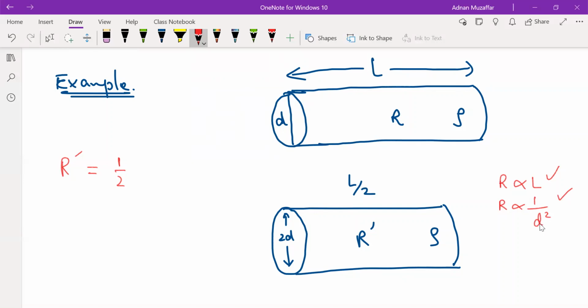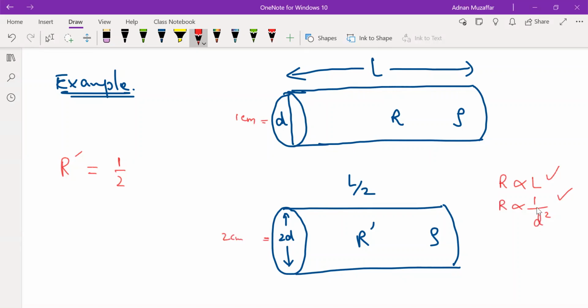If R equals 1 over d square, take d as 1 centimeter for understanding. So if it becomes 2 centimeters, what factor will come here?